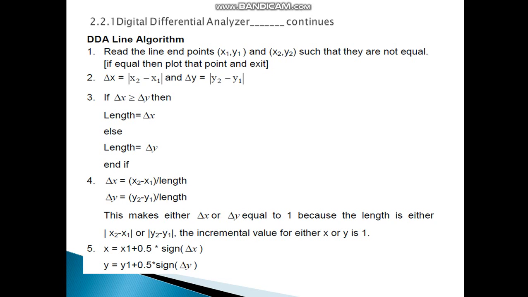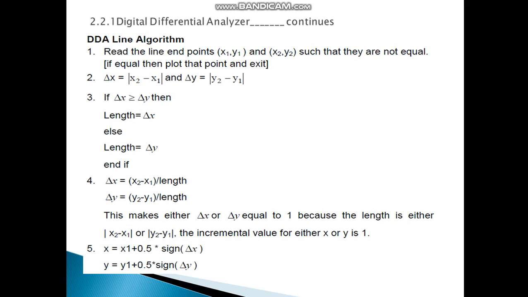Here we calculate the increment of the x coordinate and y coordinate. Means delta x is equal to x2 minus x1 upon length and delta y is equal to y2 minus y1 upon length. This makes either delta x or delta y equal to 1 because the length is either x2 minus x1 or y2 minus y1.